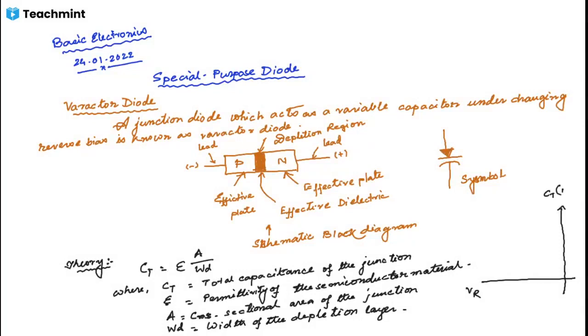It is in the order of picofarad. So this is 0, this is 20, 40, 60, 80, and this is 100.